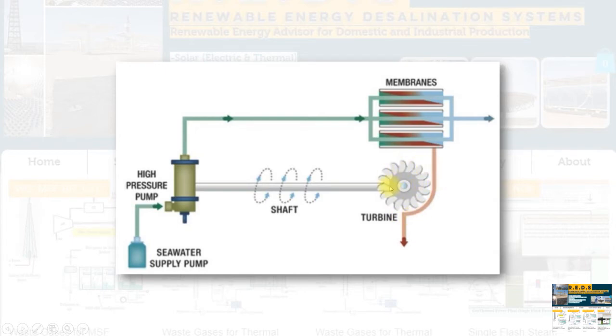The idea is to fix a built-in turbine in order to generate sufficient power to drive the high pressure pump, and the rest of the power can be used. Therefore, it can achieve lower specific power consumption compared against the first or basic module.